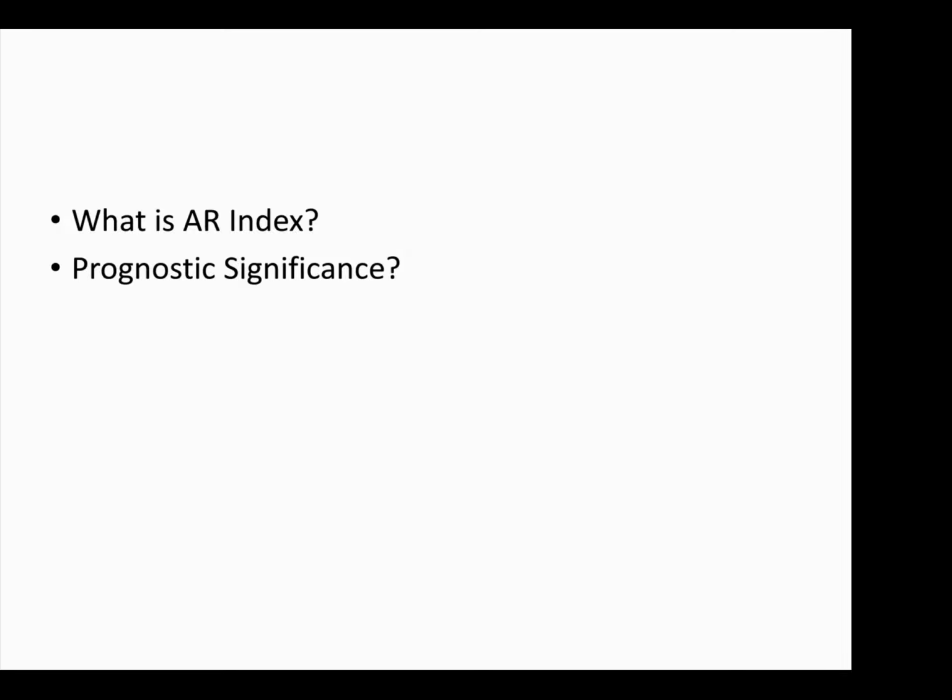You all must be seeing a lot of TAVIs happening in your centers. So this is a sign of periprosthetic aortic valve regurgitation. Okay, somebody has given a value of 25.